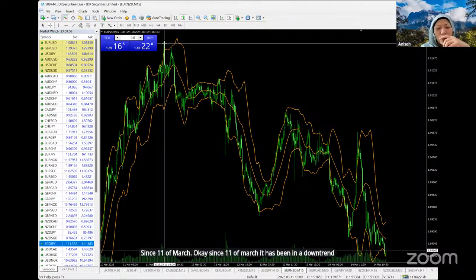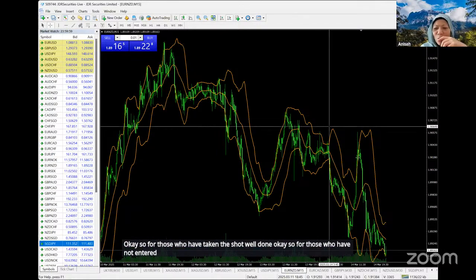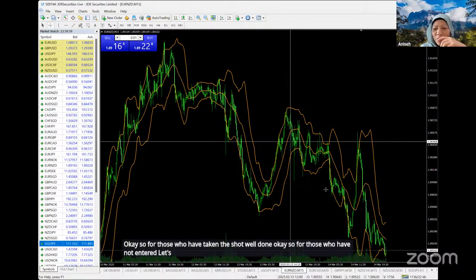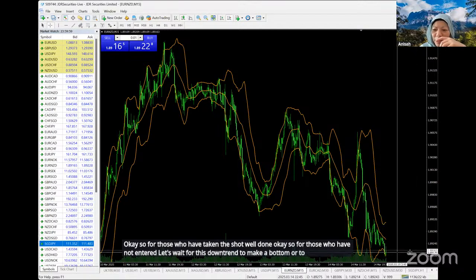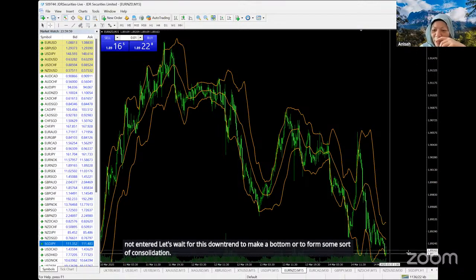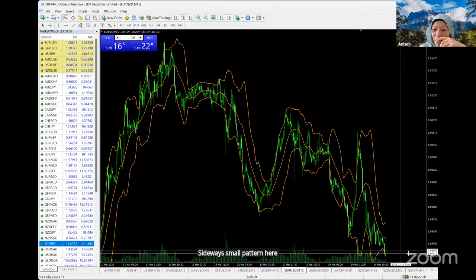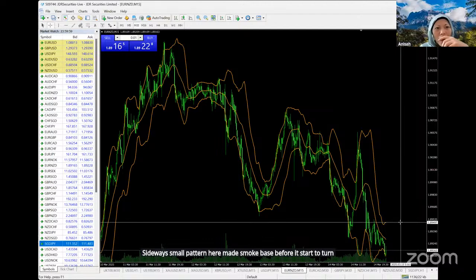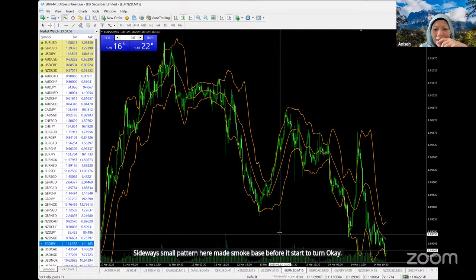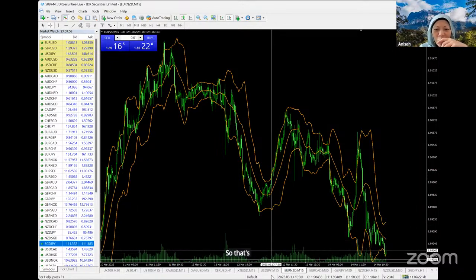So for those who have taken the short, well done. For those who have not entered, let's wait for this downtrend to make a bottom or to form some sort of consolidation, a sideways small pattern, a small base, before it starts to turn. So that's Euro Kiwi.